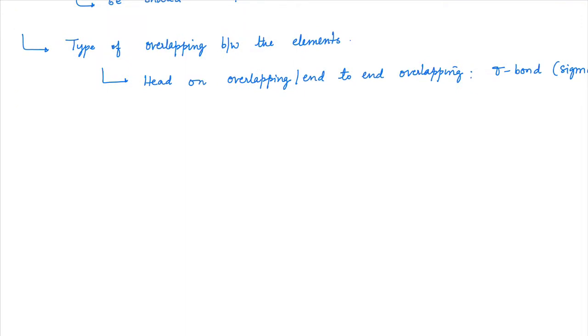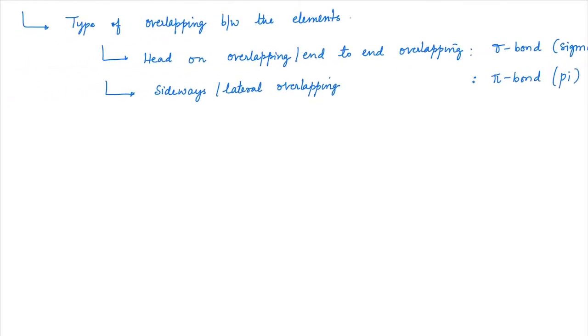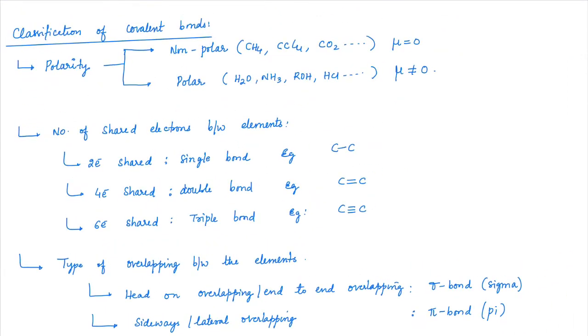This is called as sigma bond. And if it is sideways or lateral overlapping, we call it as pi bond, presented as this. Okay, these are the three important classifications we got to understand. One is on the basis of polarity, one on the basis of number of shared electrons, the third one is on the basis of the type of bonds which are happening.